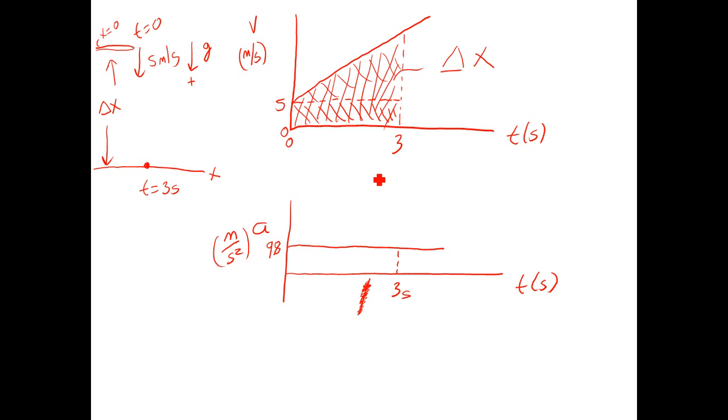So we can write that delta x is equal to the rectangular area, which is basically length times width. So here's the length, 3 seconds, times the height, which is 5 meters per second. Notice the units work out to give you something in meters, plus now the triangle.